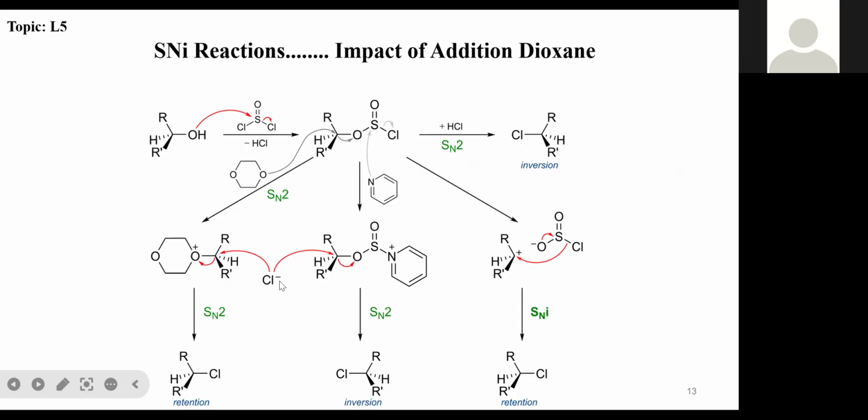So the chloride will have the possibility to attack from the other side. As dioxane has blocked the back side, the chloride will attack from the front side. So you will get retention of configuration, because in this case dioxane has blocked one of the sides.